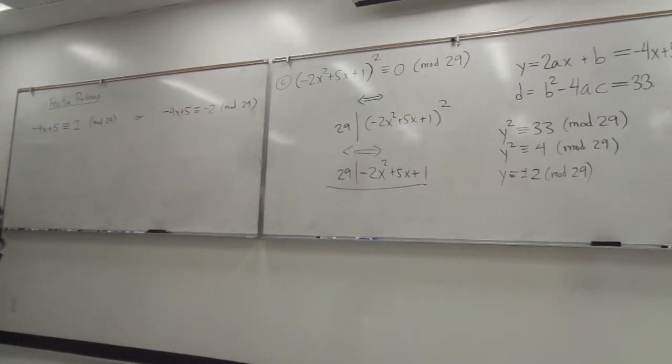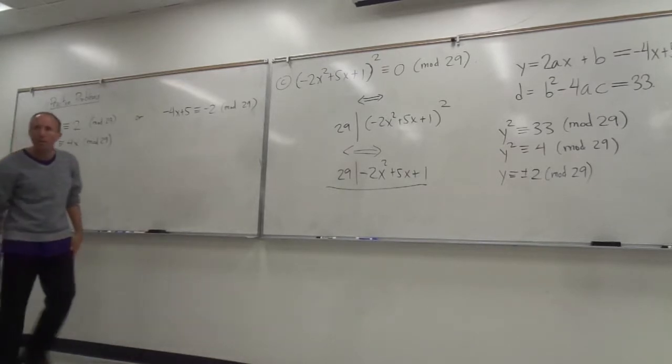So these won't be too hard to solve, I don't believe. For the first one, if we just subtract the 2 over and put the 4x on the other side, we're going to get 3 is congruent to 4x. And now I can multiply by the inverse of 4 in mod 29. What's that going to be? Is it negative 7?